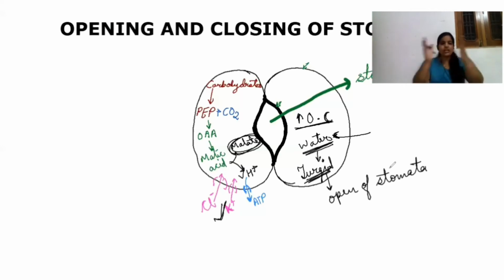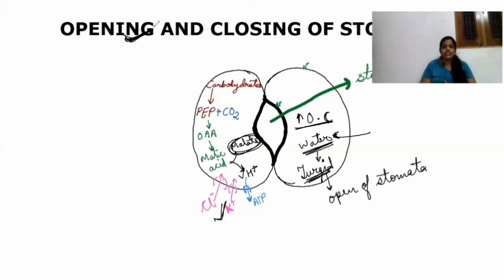So this is the complete mechanism which explains the first part of our topic, that is the opening of stomata, where we have the guard cells which are guarding the pore of the stomata. When the carbohydrates, in the presence of enzymes, convert into phosphoenol pyruvate, these will combine with carbon dioxide and form oxaloacetic acid.